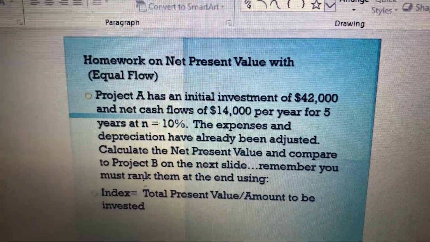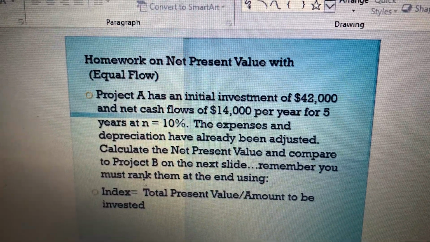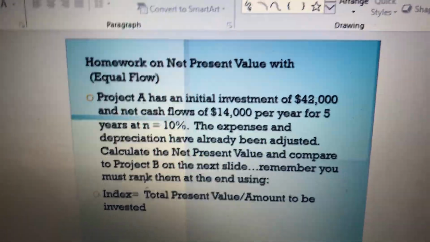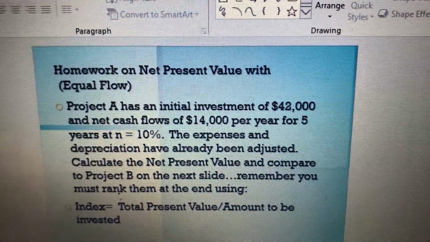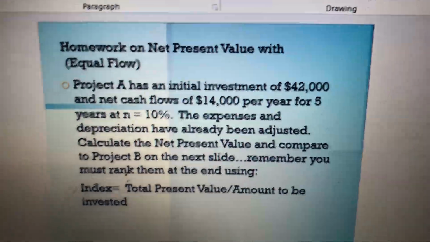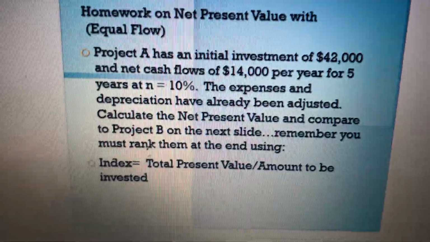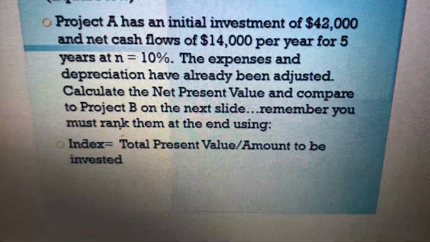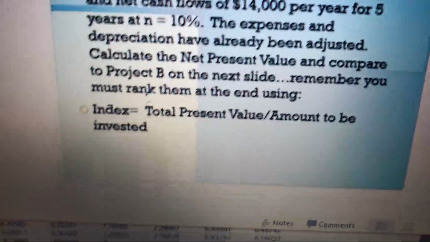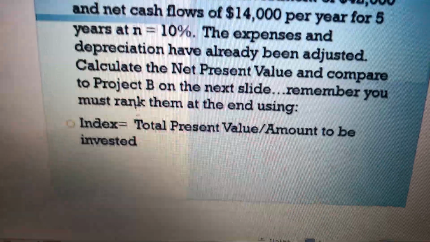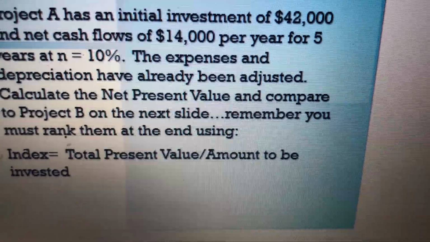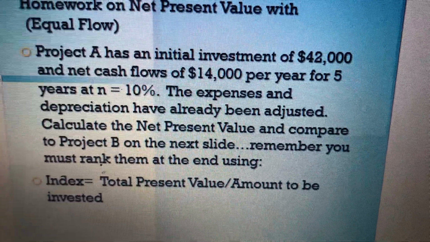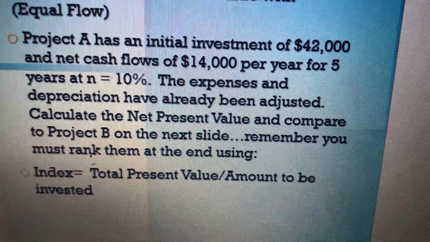And your homework then would be the next 2 pages on the PowerPoints. The first one has an initial investment of $42,000 and it has a cash flow of $14,000 for 5 years. Now, for this one, I would suggest using your present value of an annuity, because you have a 10%, okay?